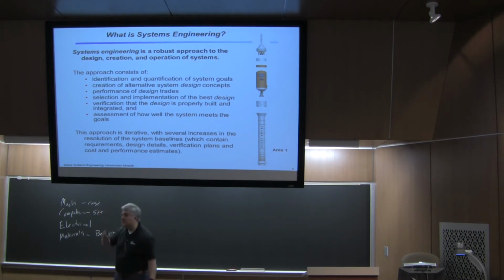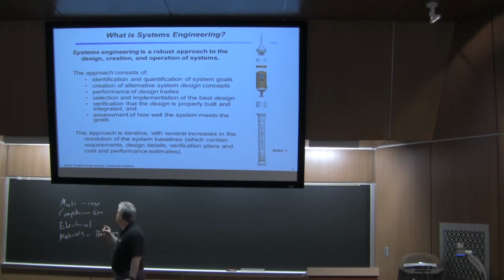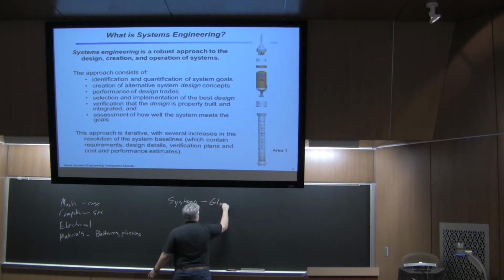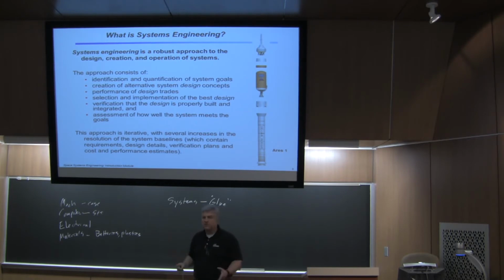Systems. Okay, systems, which I'll call the glue. Because the system engineer is the one who's responsible for pulling everybody together and telling them how to work, or helping them work together from a technical standpoint.